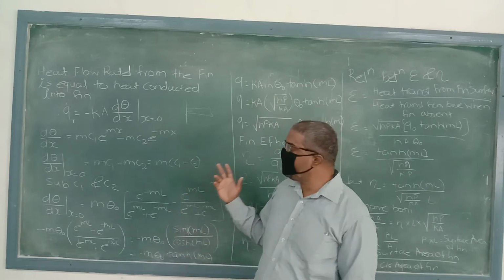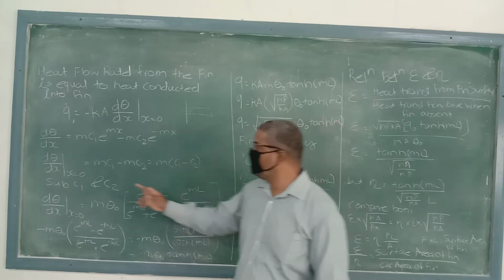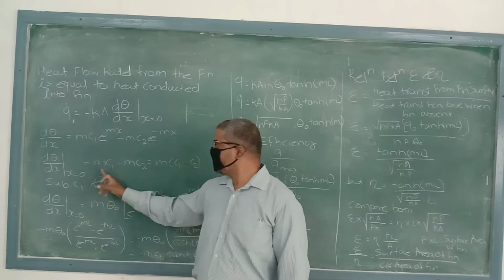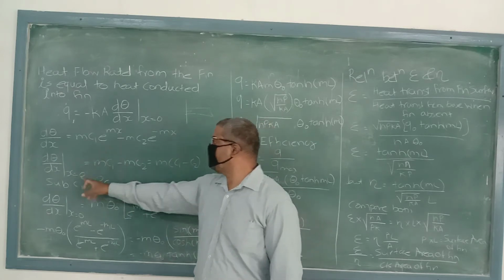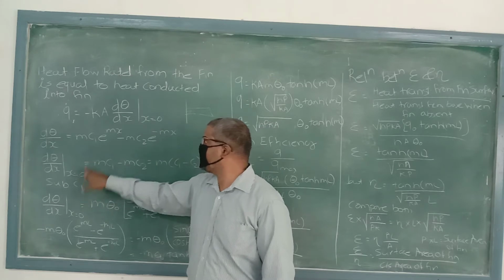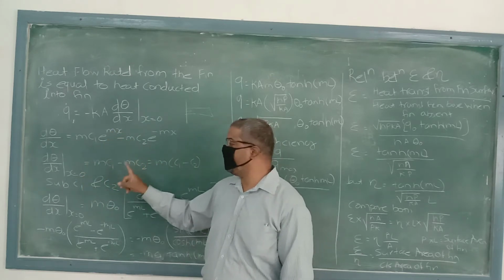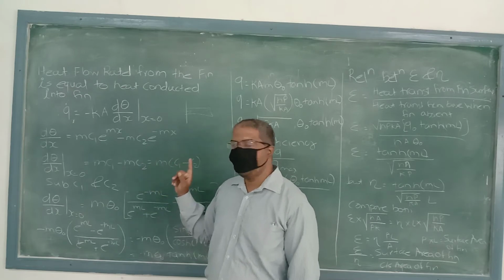Now we are going to rearrange the terms. So d theta by dx at x is equal to 0: m c1, as we place x is equal to 0, e raised to 0 becomes 1, since anything raised to 0 is equal to 1.